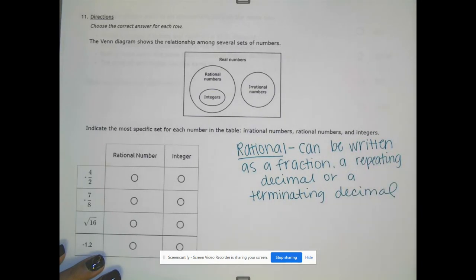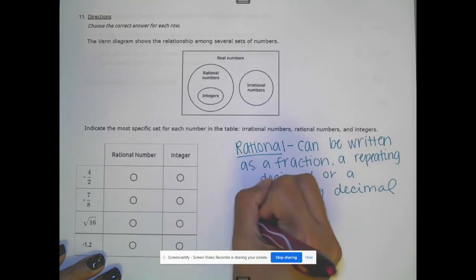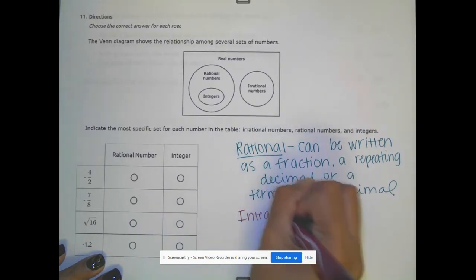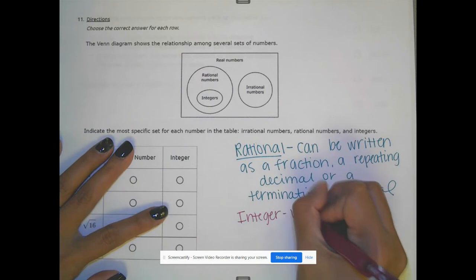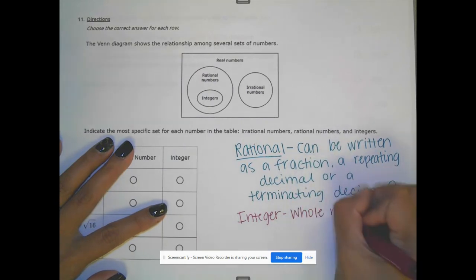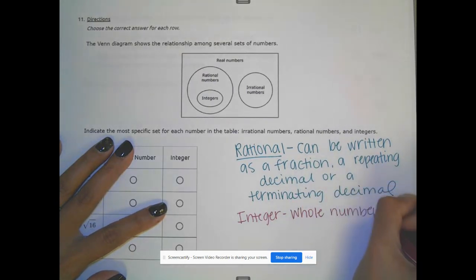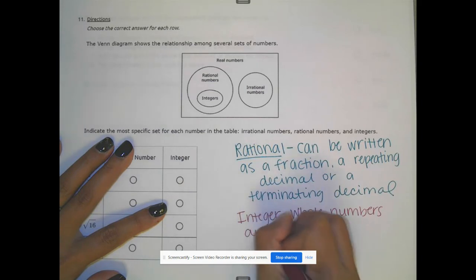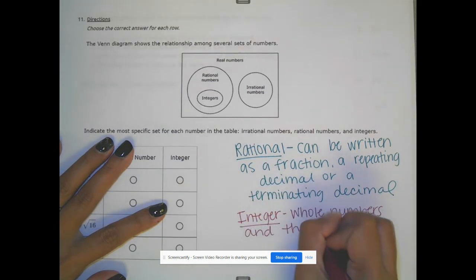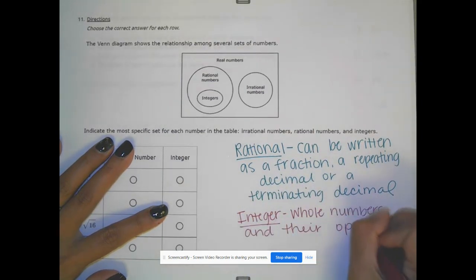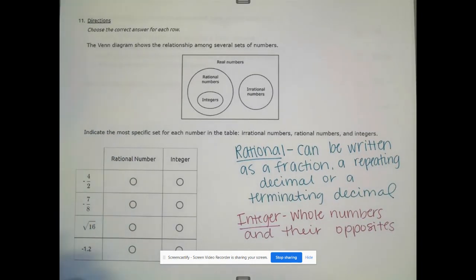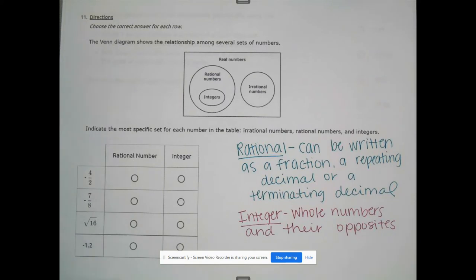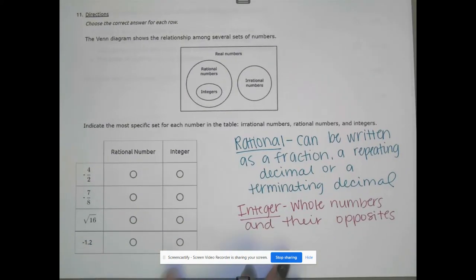Okay, then you have an integer, and then we said that integers are whole numbers and their opposites. So we want the smallest one they will fit in for each row of the table.